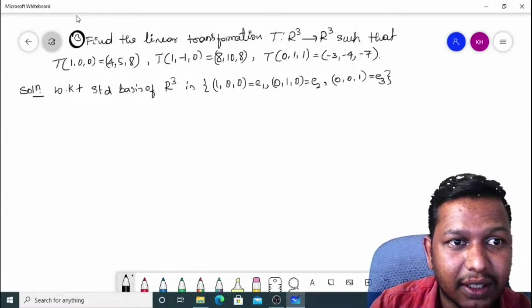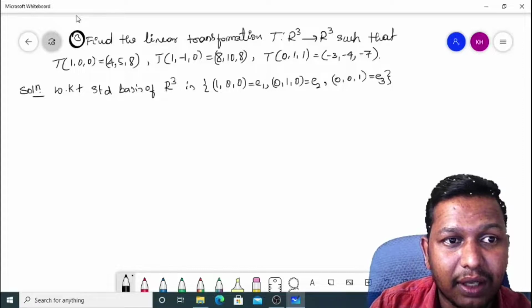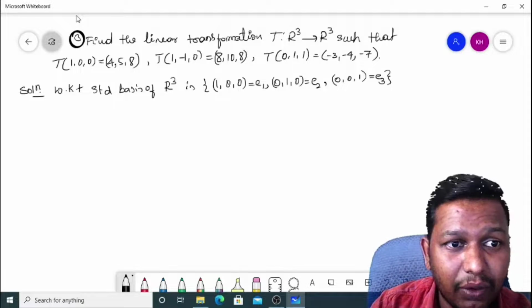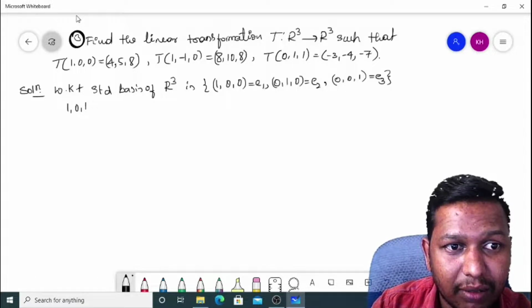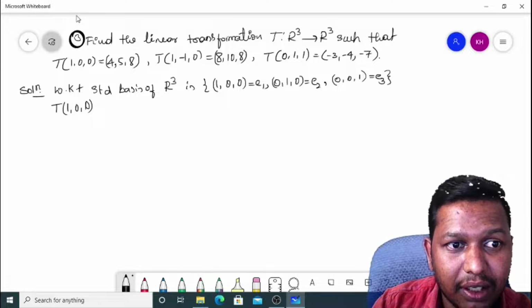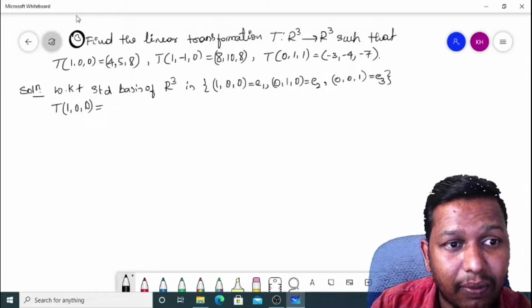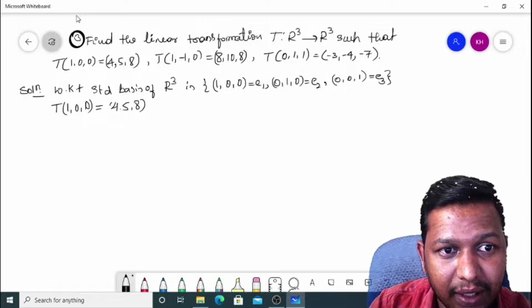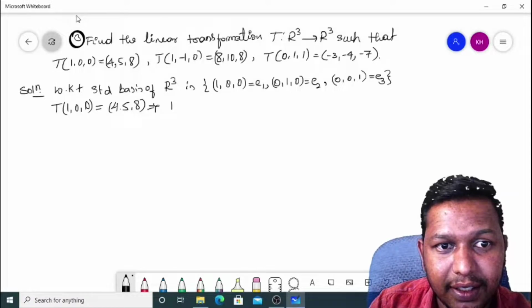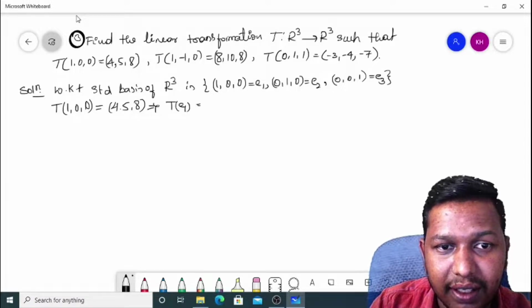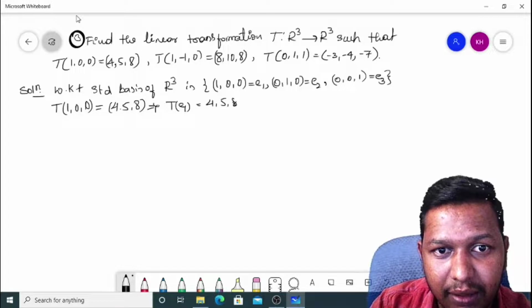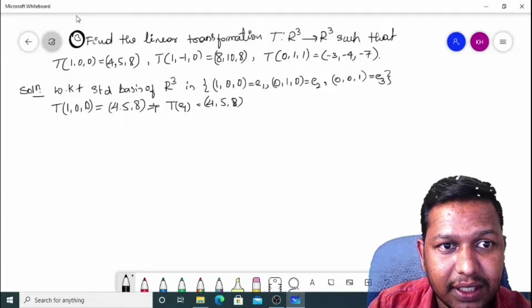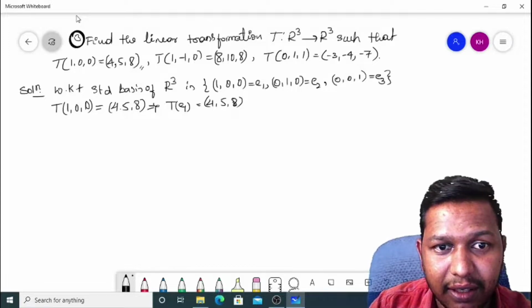In the first condition, T(1, 0, 0) = (4, 5, 8), which implies that T(E1) = (4, 5, 8). Directly from the first transformation we get T(E1).